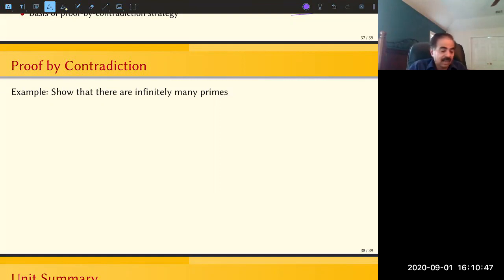Of course, it already says there are infinitely many primes. So let's write that down slightly differently. That means let's assume that this is false.